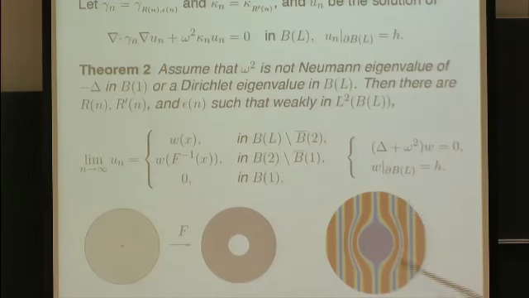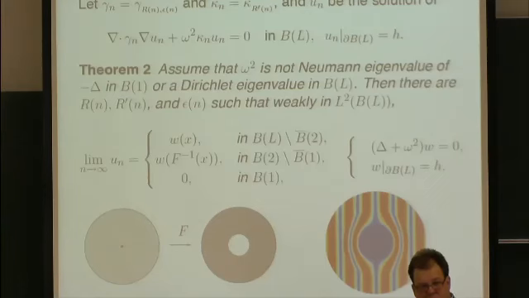We start from the plane wave. Outside here we have just the usual plane wave. There is a layer where I have stretched the plane wave, and inside the cloak the solution is 0. And this happens when the frequency squared is not the Neumann eigenvalue of the interior or the Dirichlet eigenvalue of the whole ball, this ball of radius L.